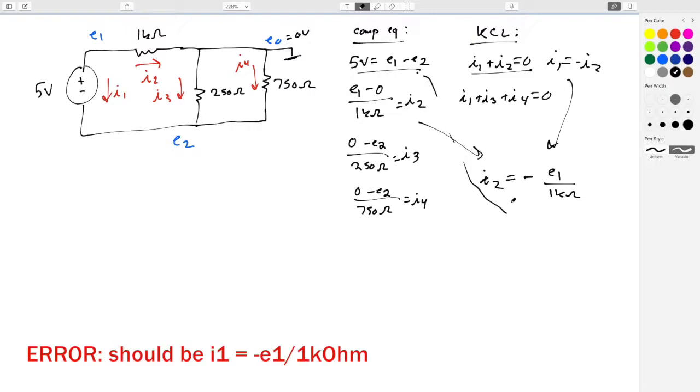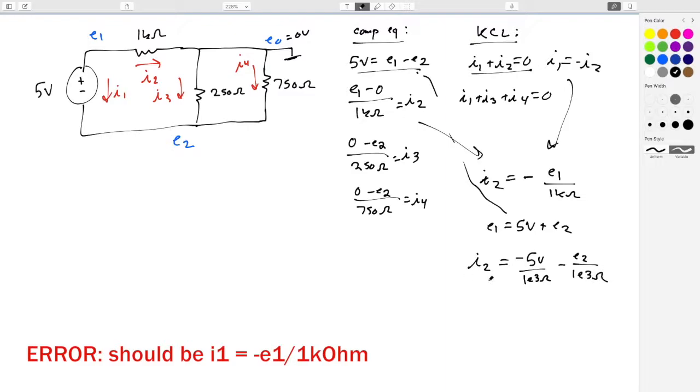And so that'll end up saying what? E1 equals 5 volts plus E2. Right, we can drop that in. So I2 equals negative 5 volts over 1 e to the 3 ohms minus E2 over 1 e to the 3 ohms.